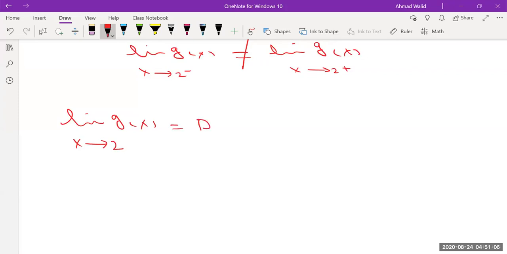My answer is does not exist, D and E. Why does not exist? Because the limit of the left and the limit of the right are not equal to each other. That's why you are saying the limit does not exist. Correct?